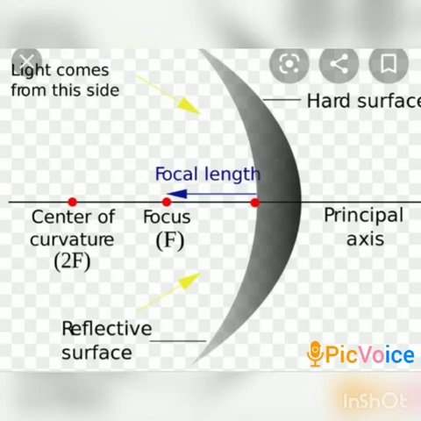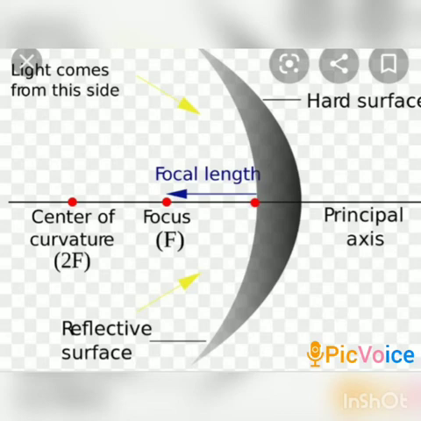Next is the focus. Suppose there is a beam of light rays parallel to the principal axis of a spherical mirror. There are so many rays of light and all of them are parallel to the principal axis. Then what will happen? After reflection, these rays meet or converge at a point on the principal axis of a concave spherical mirror.